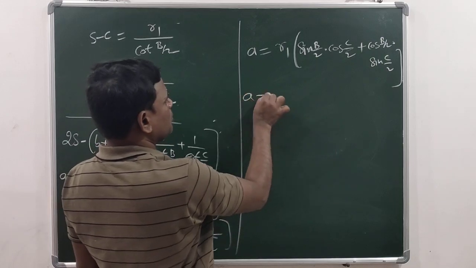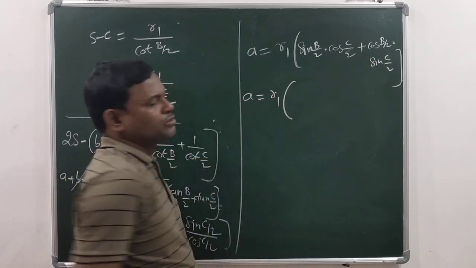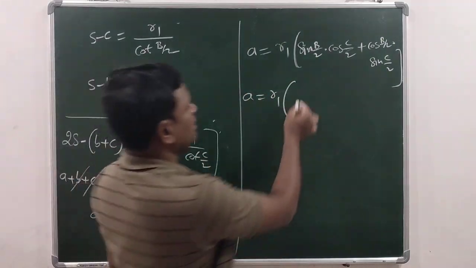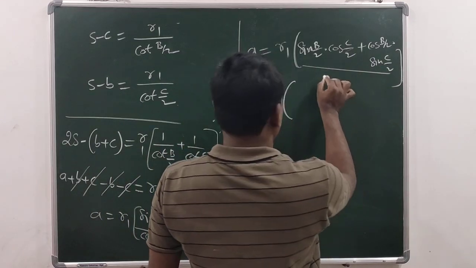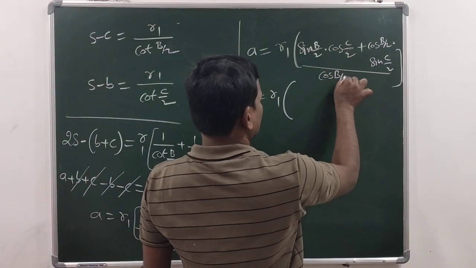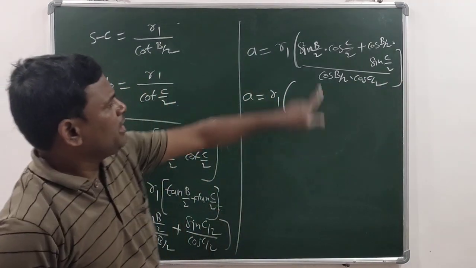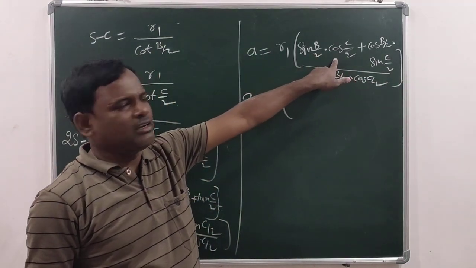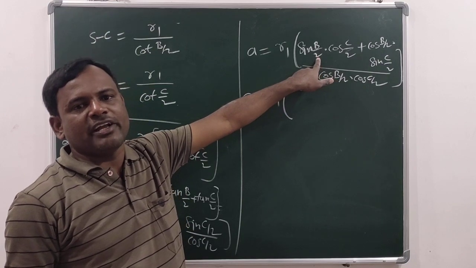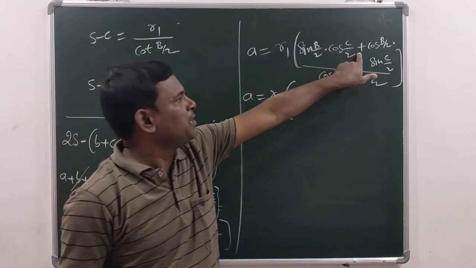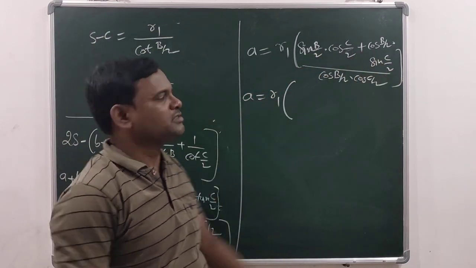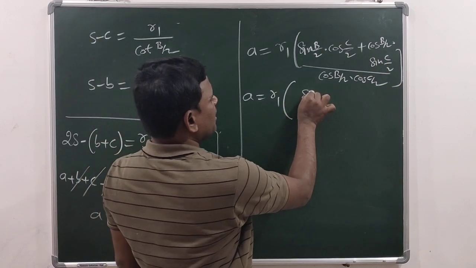Now small a is equal to R1 into, so students here, what is left in the denominator? Cos B by 2 into cos C by 2. Here the numerator is looking like the expansion of sin A plus B. Sin A cos B plus cos A sin B. Hence it can be written as sin of A plus B.